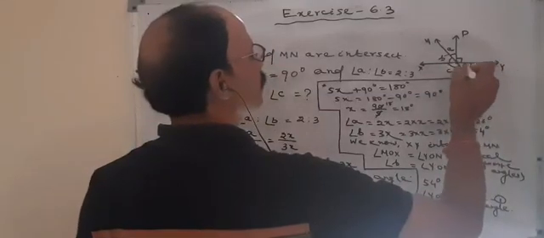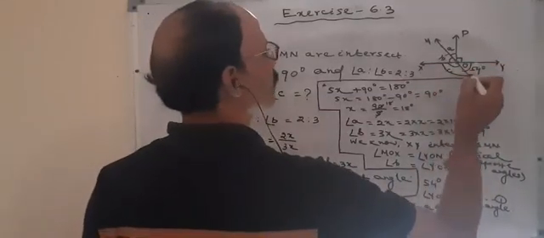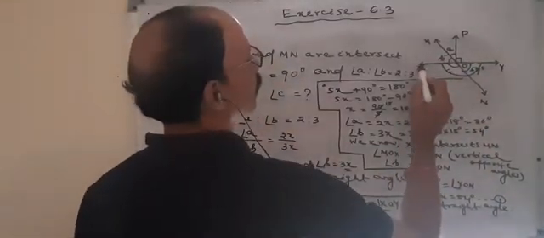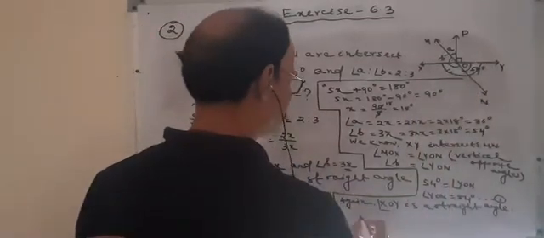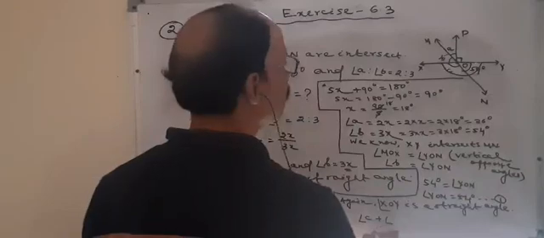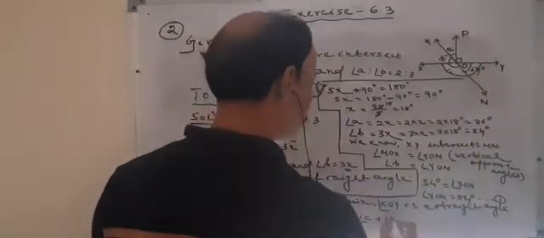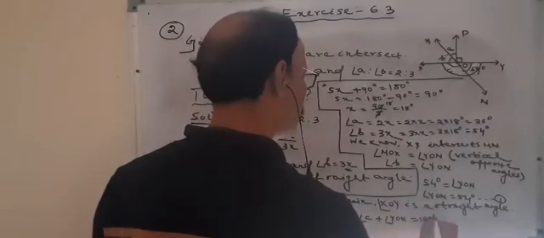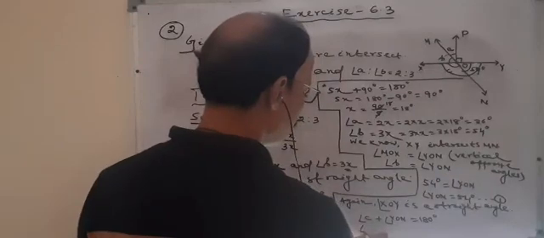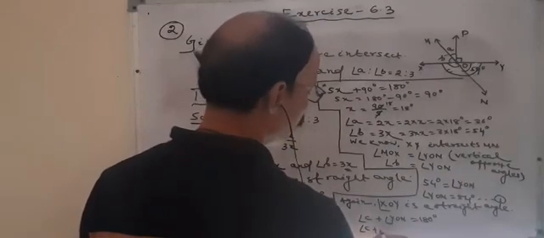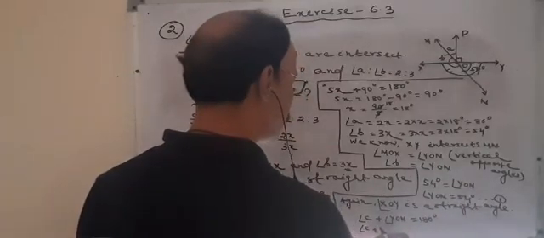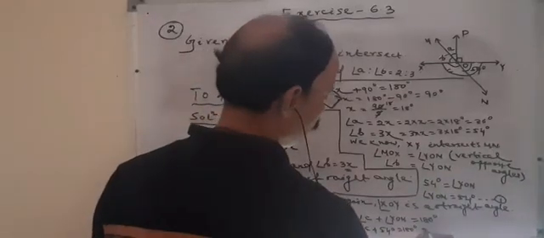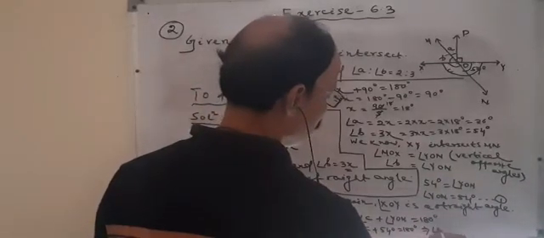So the sum of these two angles will be 180 degree. So let's write, XON means angle C. Angle C plus angle YON equal to 180 degree. So angle C plus YON, which we calculate as 54 degree, is 180 degree.